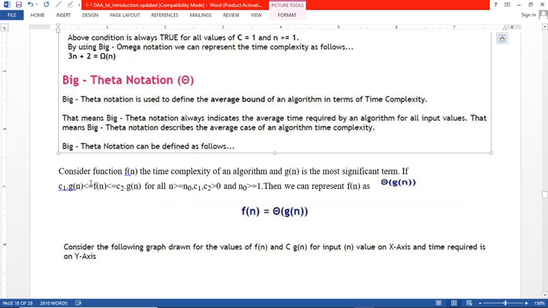Like let's consider function f of n, the time complexity of an algorithm, and g of n is the most significant terms.